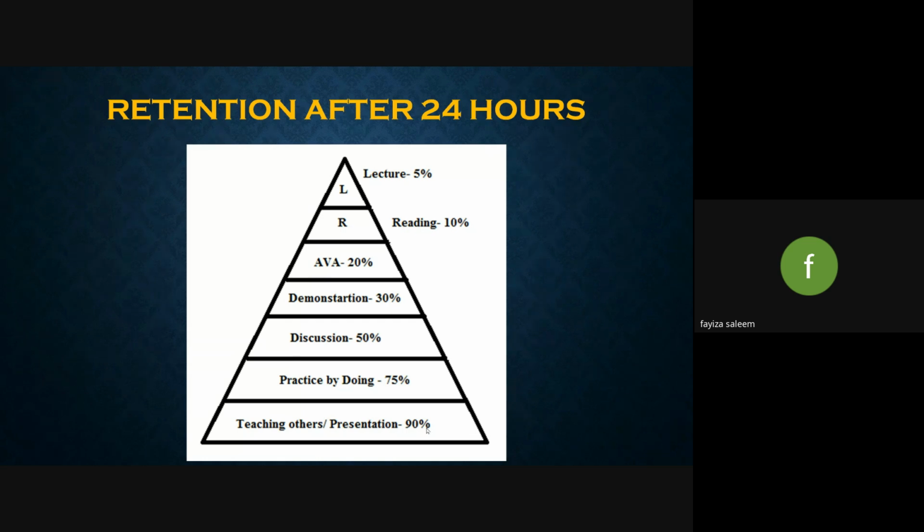Second group, he didn't teach, rather he instructed the students to go to the library and read. Third group, he taught through audiovisual aids. Fourth group, he arranged some demonstration. Fifth group, he initiated some meaningful discussion in the classroom. Sixth group, he provided the opportunity for practice by doing.